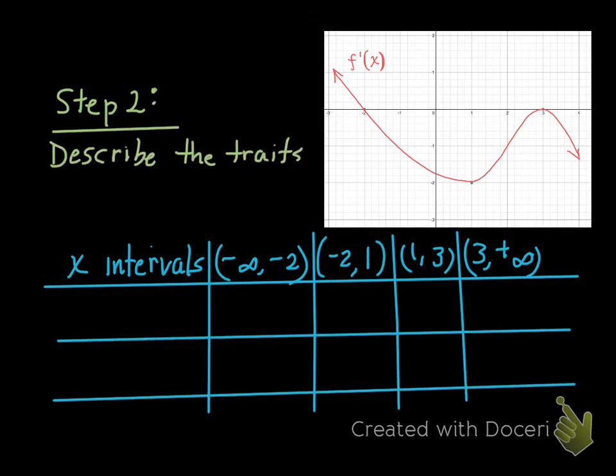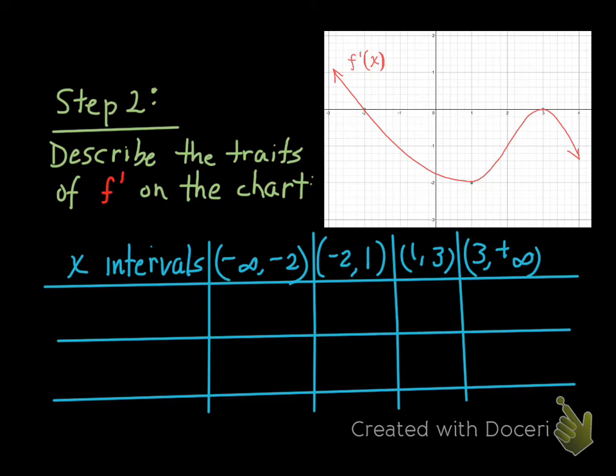We want to describe the traits of f prime on the chart. What are you talking about, the traits? The traits of f prime, like it's red? No, I'm really just talking about 2 things. Whether in each interval f prime is positive or negative, I'm really asking the numbers associated, the outputs associated in each interval. Are they positive or negative?